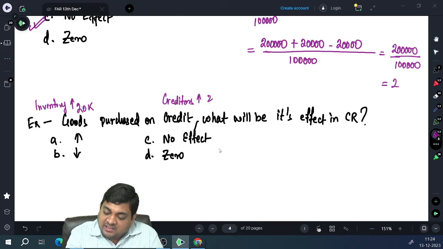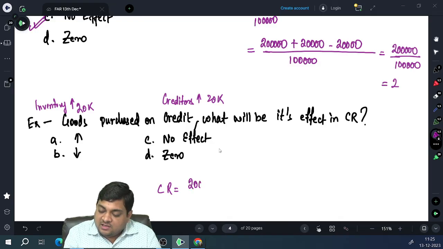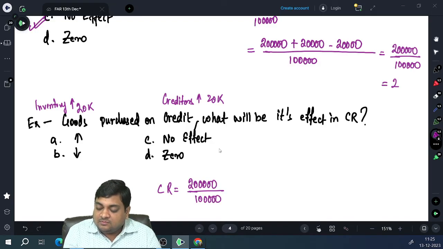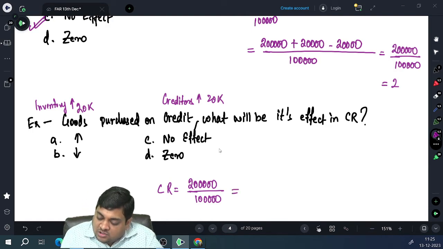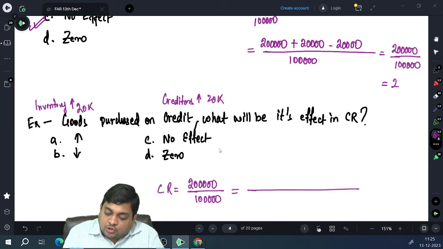Creditors will also increase by 20,000. The current ratio is 2 lakh by 1 lakh. Now post this, what will happen? Stock is a part of current assets, so the numerator will increase by 20,000.